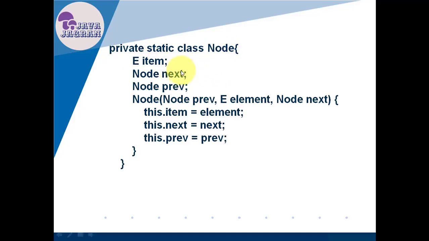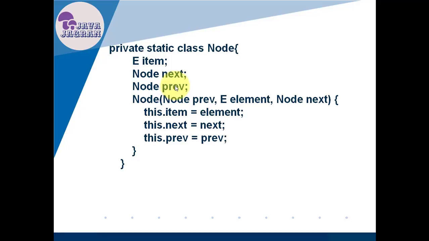Along with that, the node has next and previous: next stores the address of the next node, and previous stores the address of the previous node. So in the Node class there are three attributes: the Object element item, and the Node class attributes next and previous.